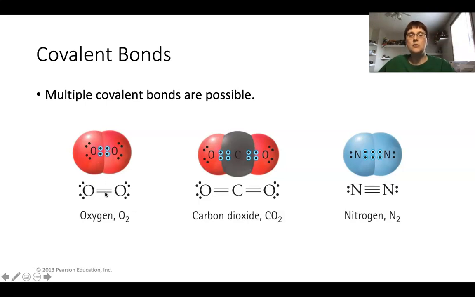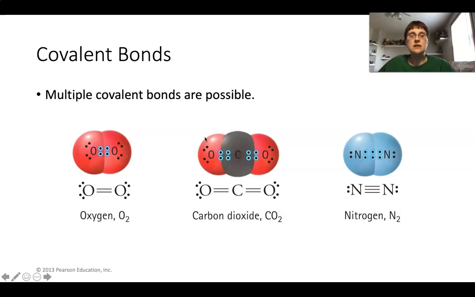And so when we draw bonds, very often you'll see molecules where they don't put the little dots for the electrons. Instead, we'll just draw the lines. A single line is 1 bond, a double line is 2 bonds, and a triple line, like this one over here, is 3 bonds. The lines are representative of covalent bonds, so straight, solid lines are going to be showing you covalent bonds.